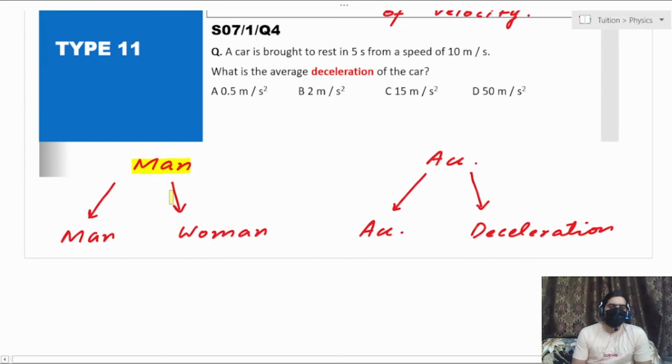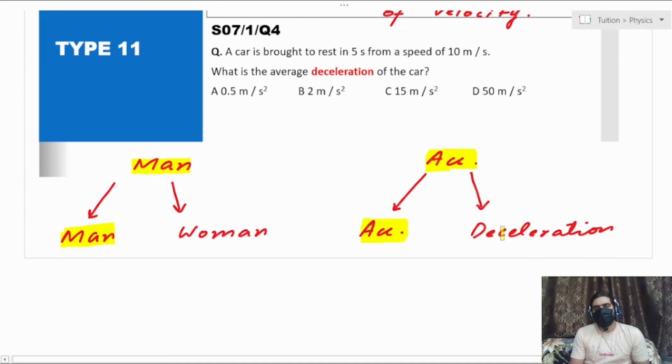So man represents all the genders, but if you're referring to male, we have to again use the word man. So acceleration can be representing increase in velocity or decrease in velocity, but once we are referring to increase in velocity, we once again call it acceleration.